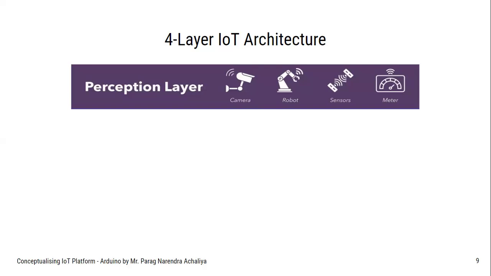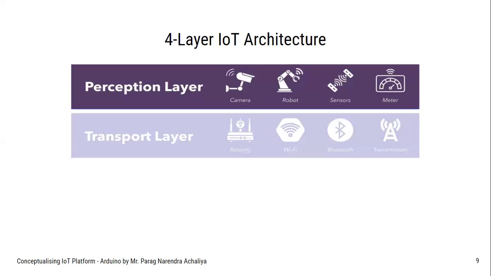These hardware devices are connected to your network, and they generate some kind of data which is received at your IoT development board. Further, the IoT development board will process the data generated in this perception layer, and that data is forwarded for further processing. This is what happens in your first layer, that is the perception layer.